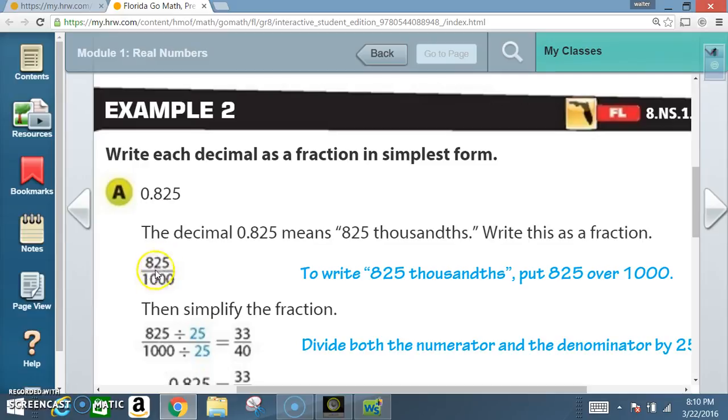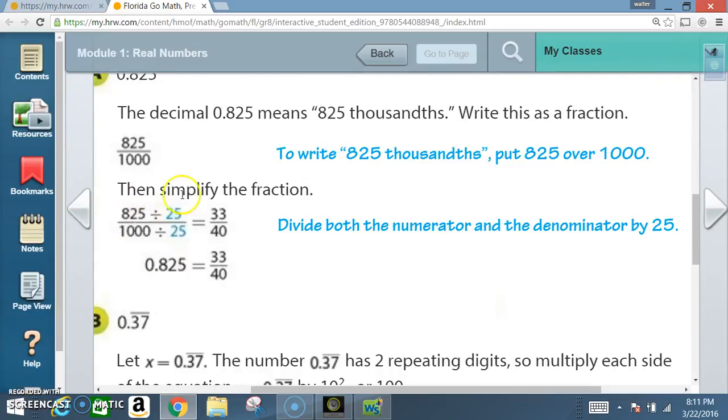After doing so, we're going to simplify the fraction. So we ask ourselves, I got 825 over 1,000. What's the biggest number that can go into both 825 and 1,000 evenly? And that number is going to be 25.